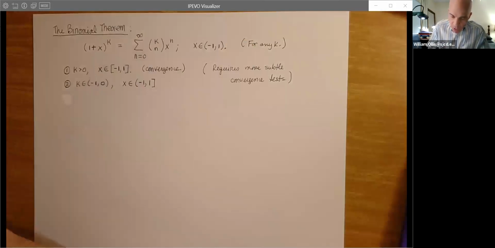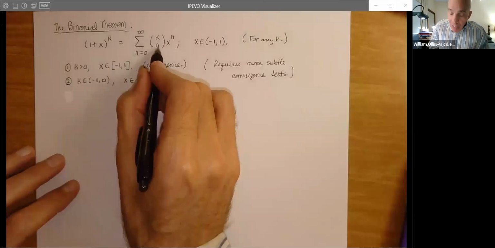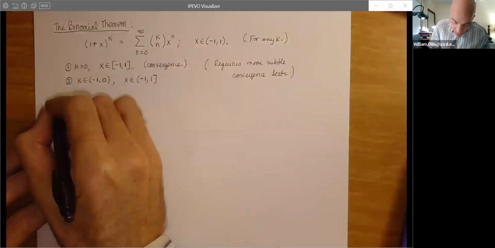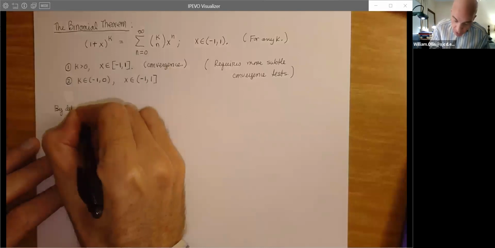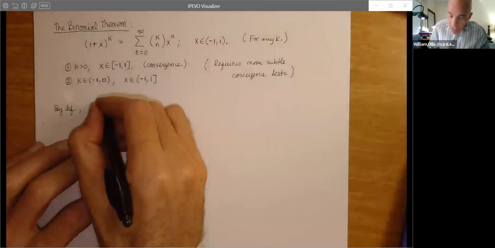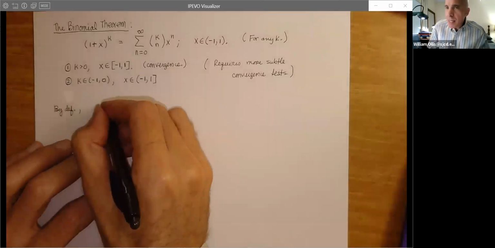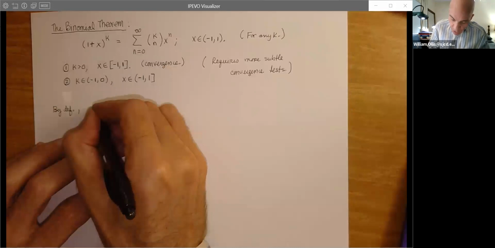But first, what I want to do is just remind us of the factorial definition of the binomial coefficient. So by definition, and I'm going to use the one that's easiest to use, we're going to use the ascending factorial, even though sometimes it's written backwards. It's just too hard for students to understand.